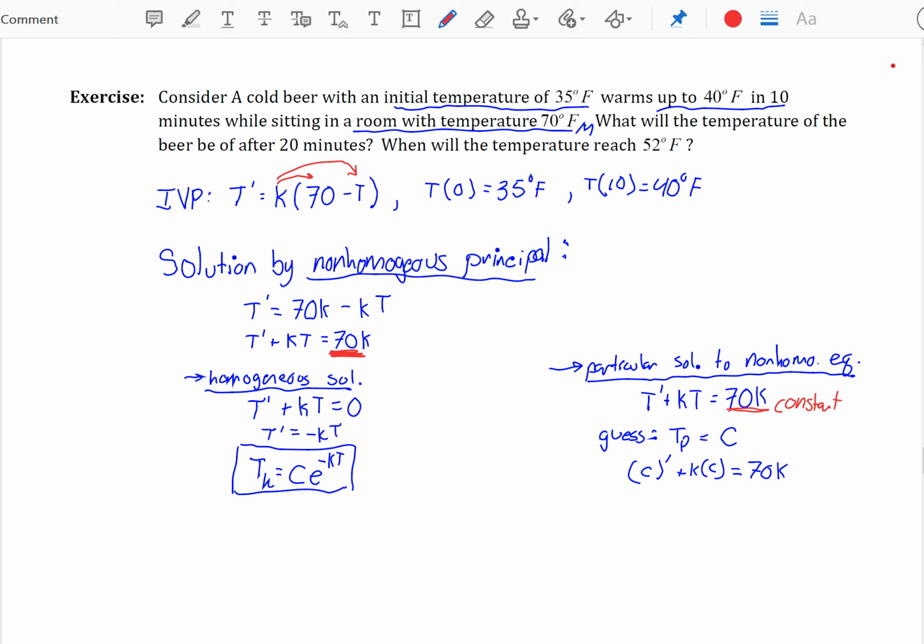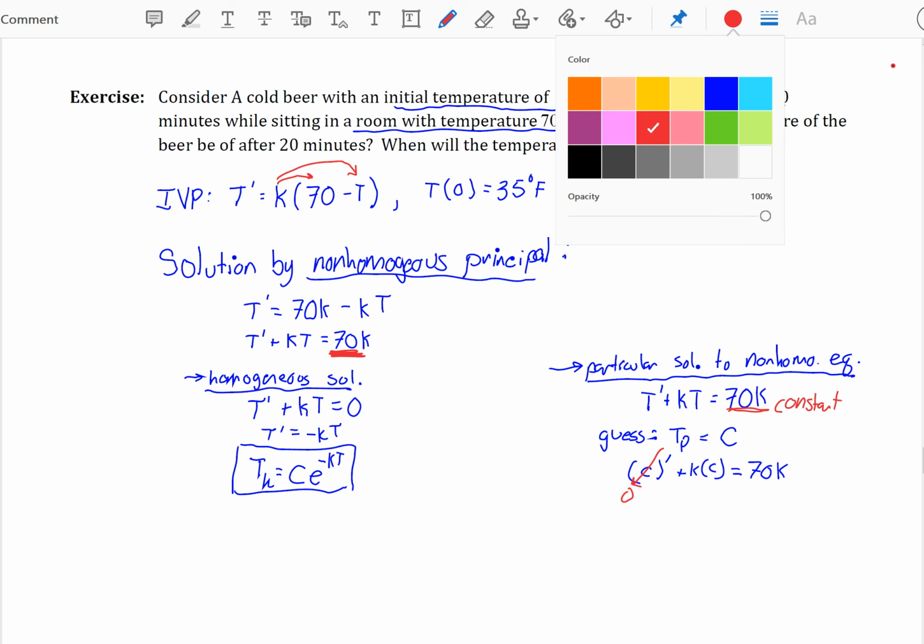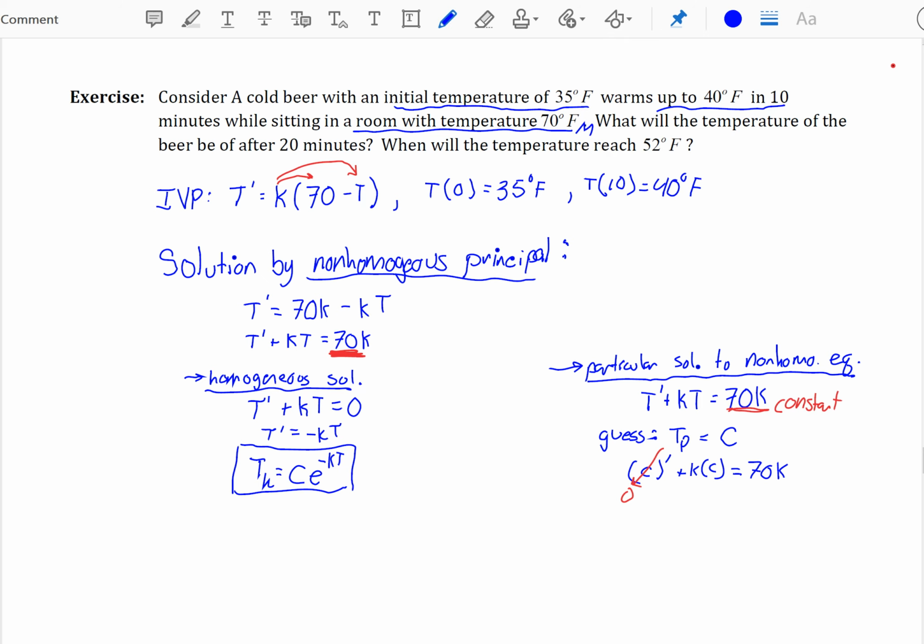Of course, since c is a constant, the derivative of any constant is 0. This gives us the equation kc equals 70k, and so we can see that c had to be 70. This is your particular solution. This is Tp.